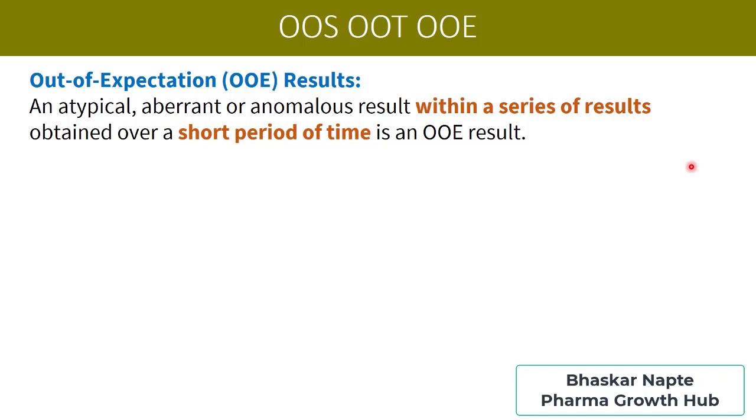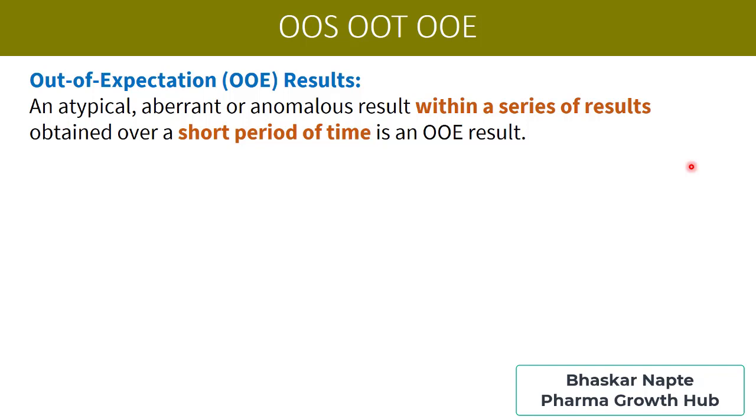You have 6 different results for the dissolution of that particular batch. So out of this series of 6 observations, if one or two observations are not in line with the other observations and they are different from the rest of the observations, then you can say now these one or two results are atypical results.